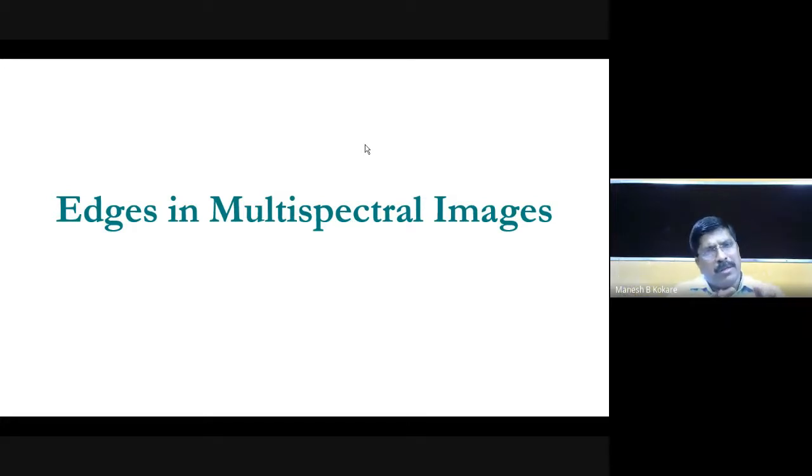The wavelength of the blue channel is around 440 nanometer, the G channel is around 540 nanometer, and the red channel is around 650 nanometer. So you are representing the color image with multiple wavelengths, right?